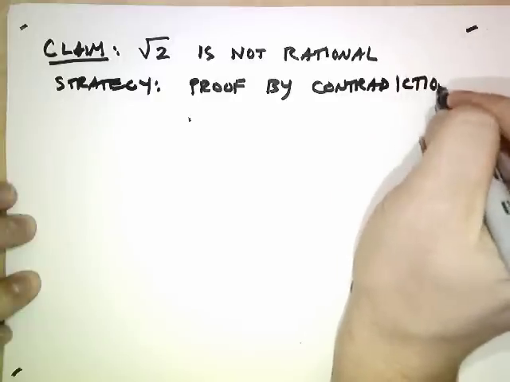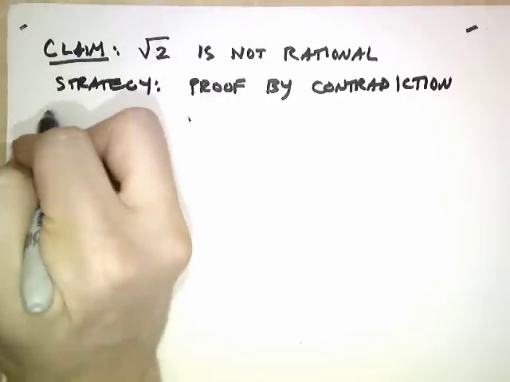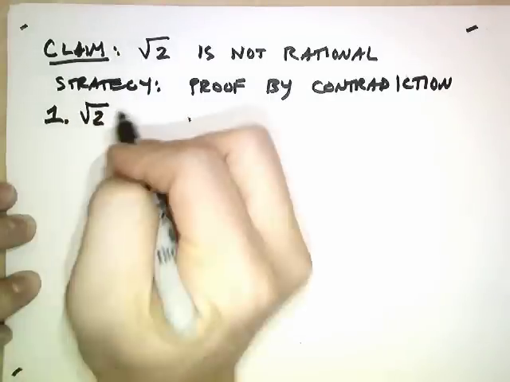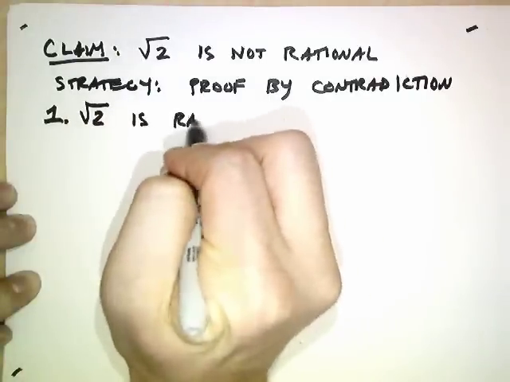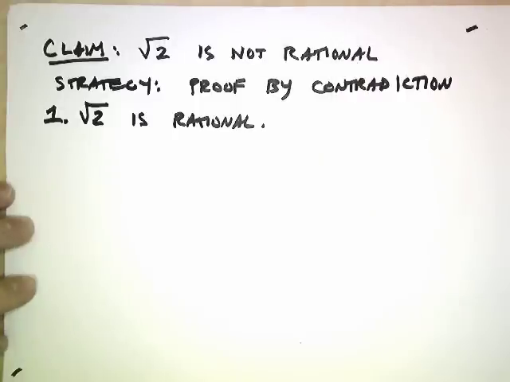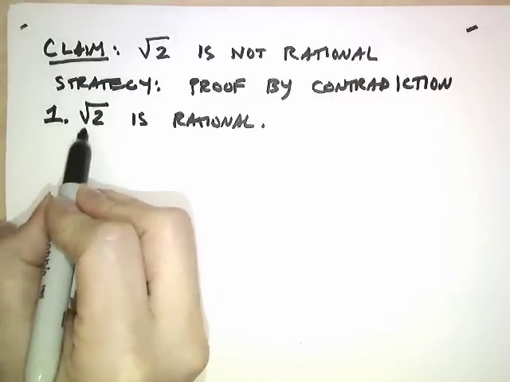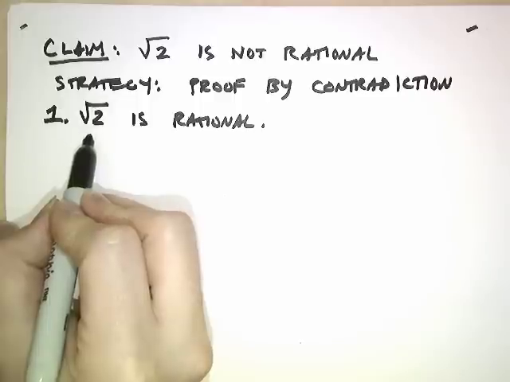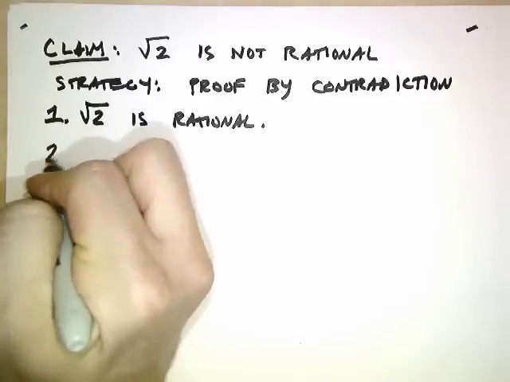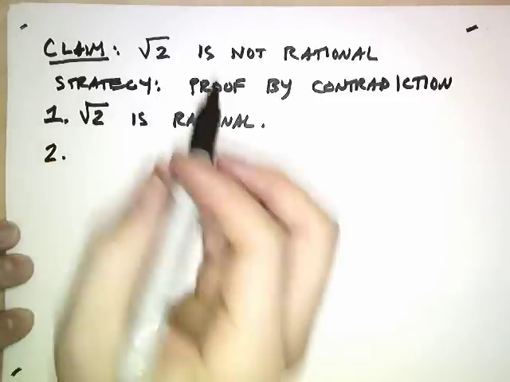What's the first step in a proof by contradiction? Well, the first step would be, in this case, to assume that square root of 2 is rational. Right? We're going to assume the opposite of what we're trying to prove, and we're going to arrive at a contradiction. So we start by saying, let's assume, for sake of contradiction, that square root of 2 is rational. What does that mean by the definition of a rational number?